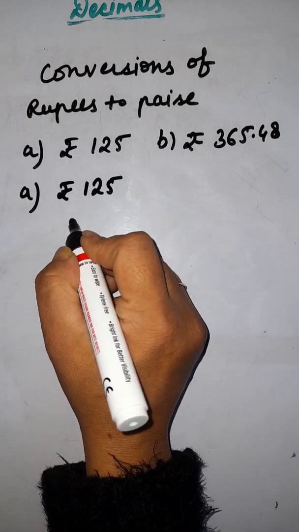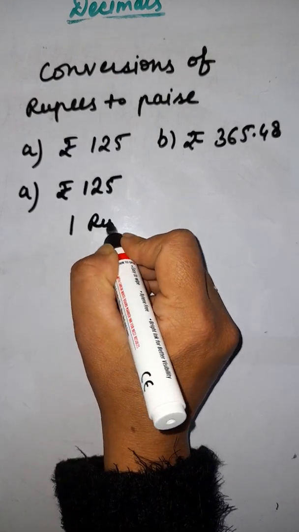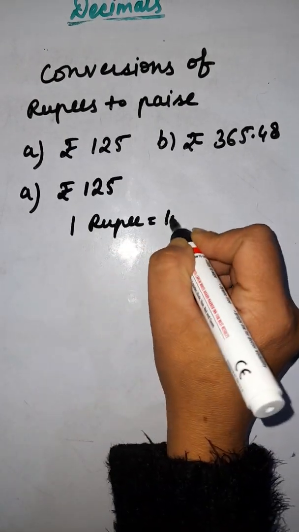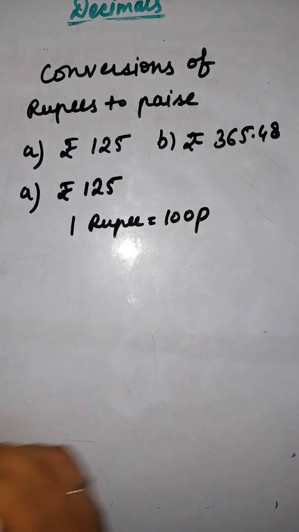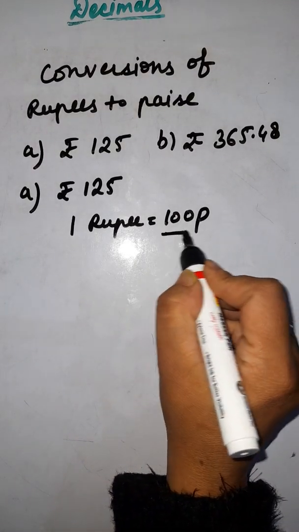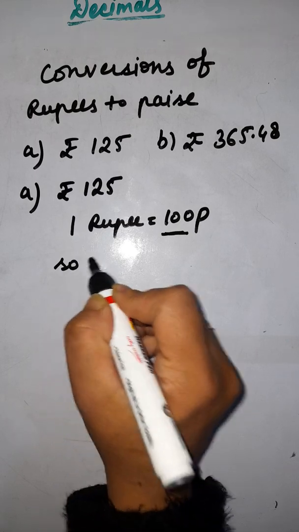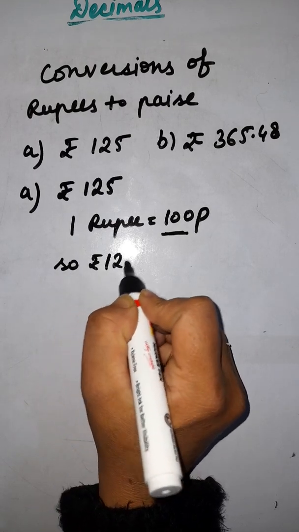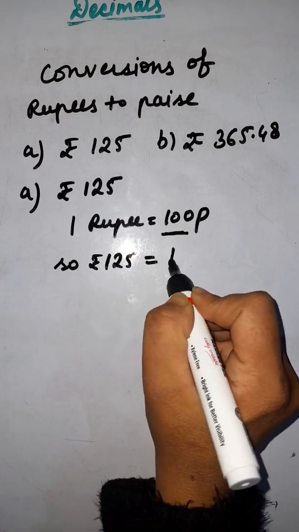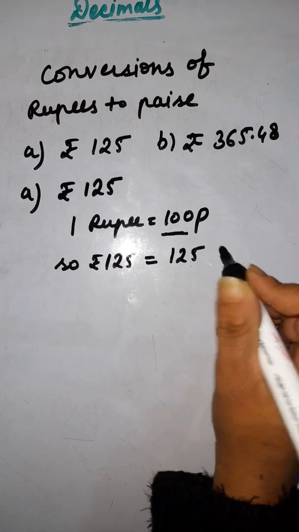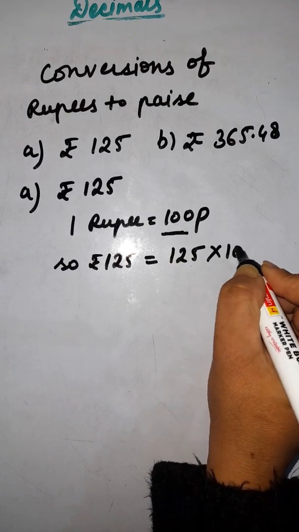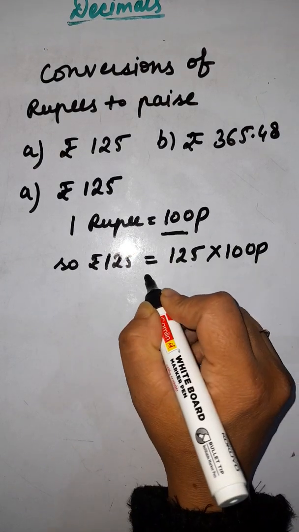As we know, 1 rupee is equal to 100 paise. How many paise are in 1 rupee? 100. So rupees 125 is equal to 125 multiplied by 100 paise.